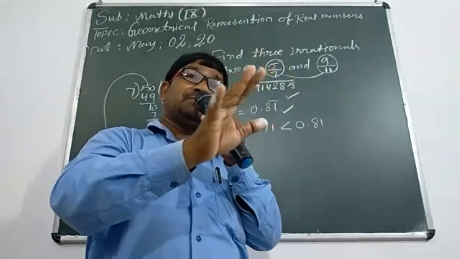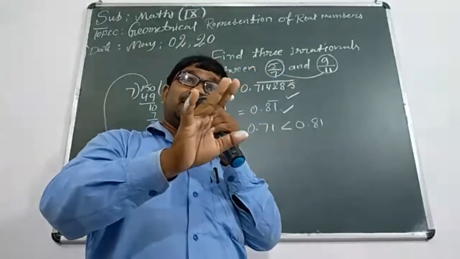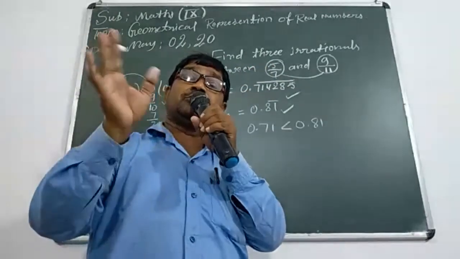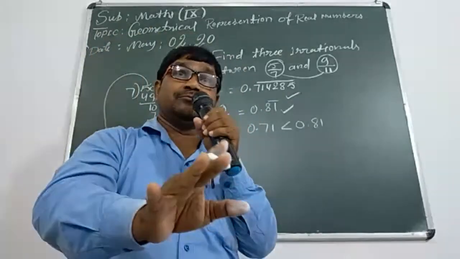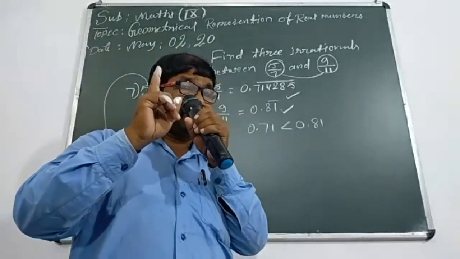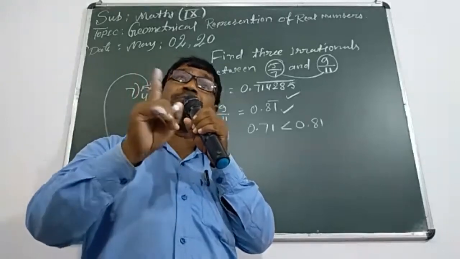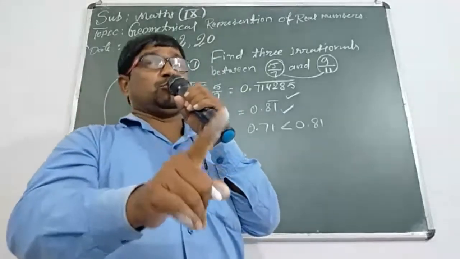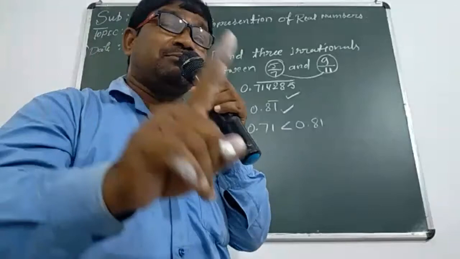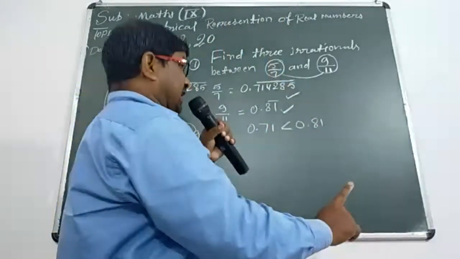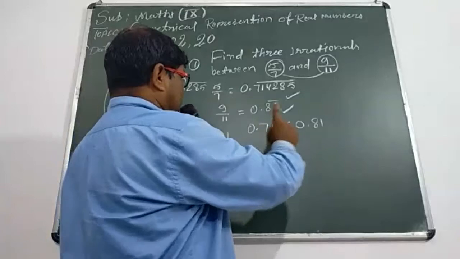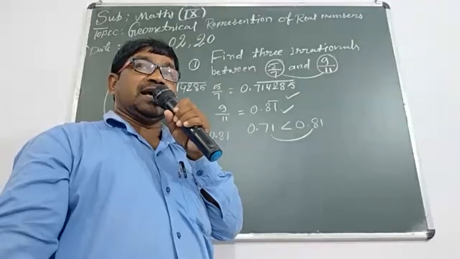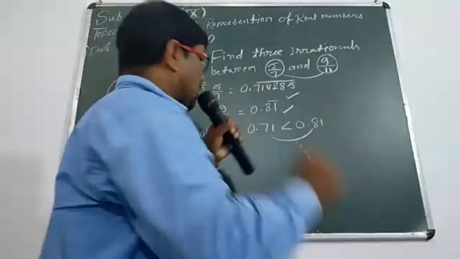If the decimal expansion of the number is non-terminating, non-recurring. Mind these two words, non-terminating, non-recurring. So we will find three numbers between these two, and they will be non-terminating, non-recurring.